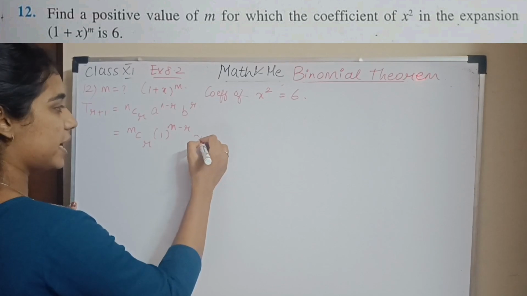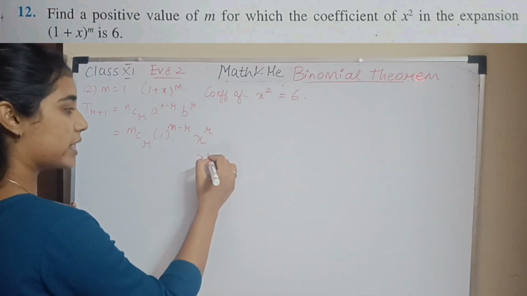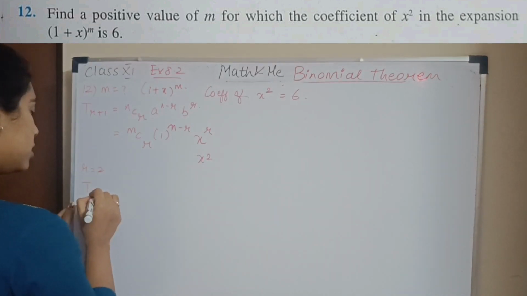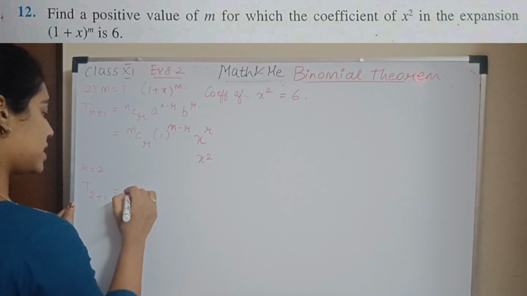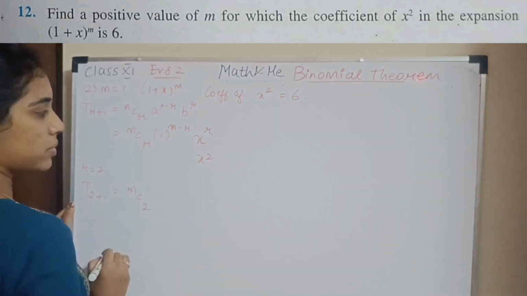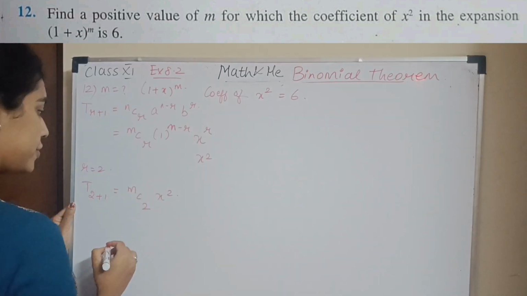times what is my b? x to the r. I want my r to be 2. x square, I am comparing. I want my r to be 2. So T 2 plus 1 equals mC2 times 1 to any number is 1, times x square. It is given that the coefficient is 6.